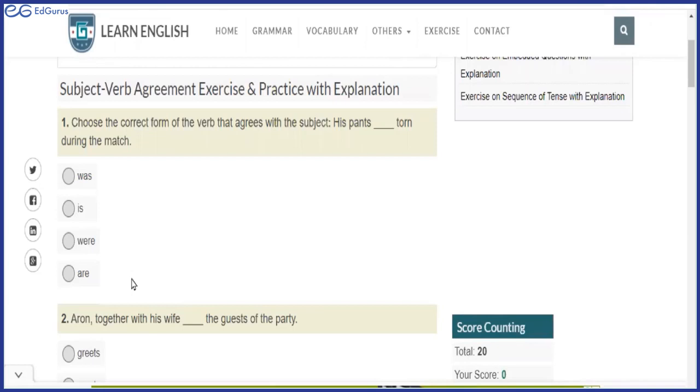Ma'am, was. Why was? Anmol, you are getting confused. Jeans is plural subject, isn't it? Yes, ma'am. Pair of jeans is singular subject. Right? His pants is plural or singular?